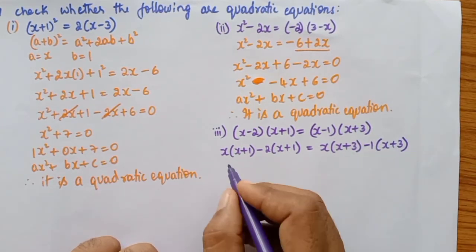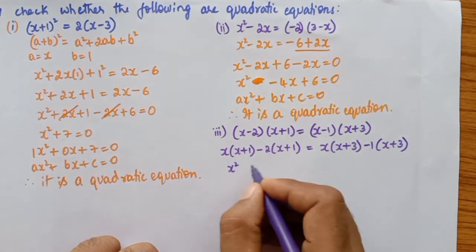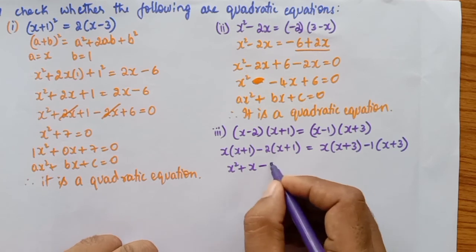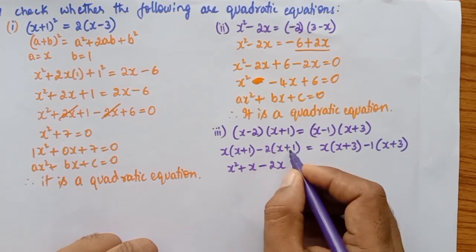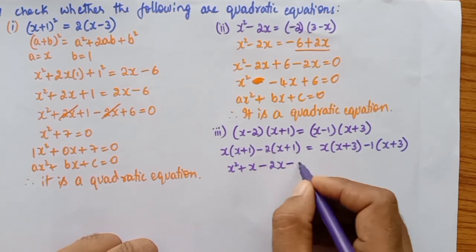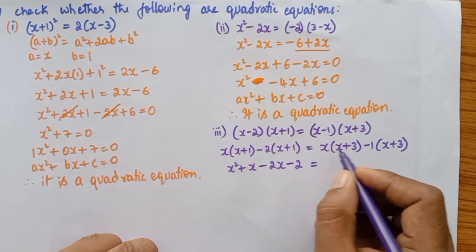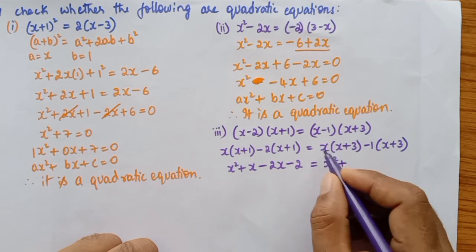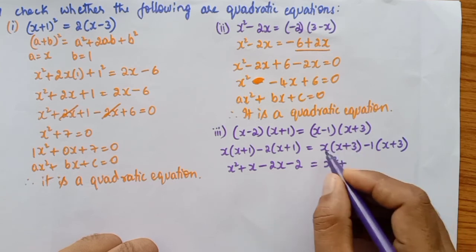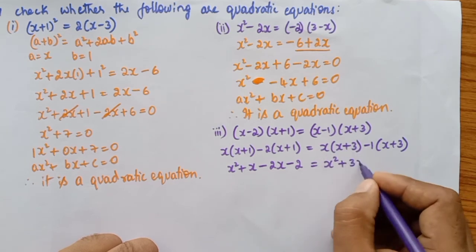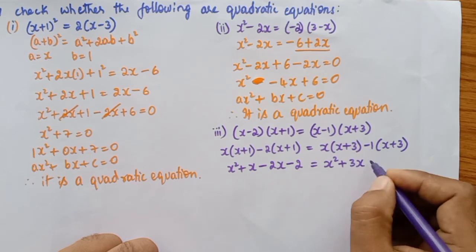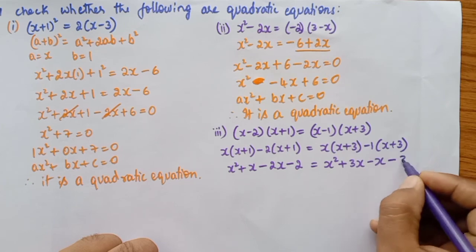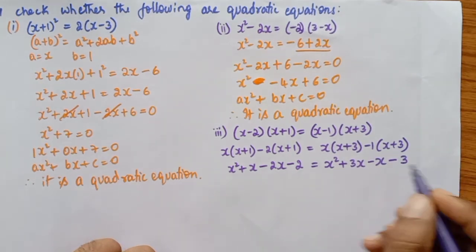So what happens here? x into x is x square, plus x into 1 is x, minus 2x, minus into plus is minus, 2 ones are 2, is equal to x into x is x square, plus x into 3 is 3x, minus 1 into x is minus x, minus into plus is minus, 1 three is 3.